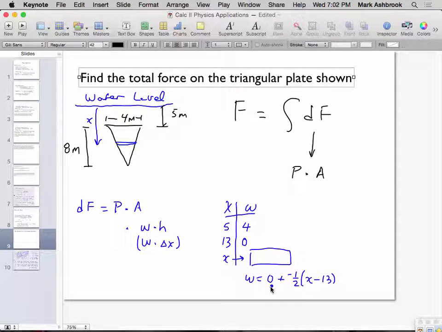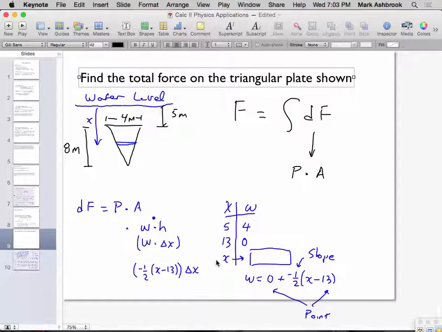This is the w plus the rate of change, negative 1/2 times x minus 13. This is point slope form, right? A point that you know, and the slope or rate of change. Okay, so that's our w, negative 1/2 times x minus 13. That's our area: width times height, delta x.